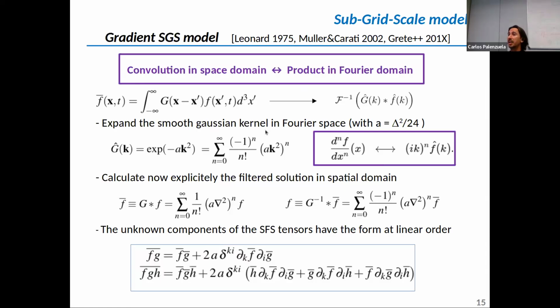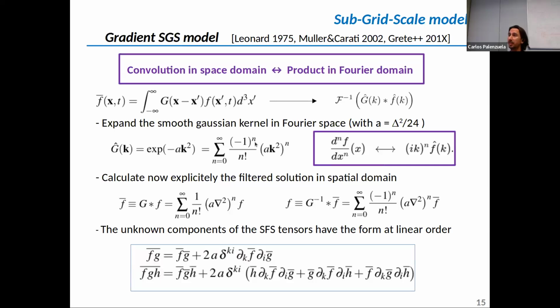We can also use that the smooth Gaussian kernel in Fourier space has the same form, and that we can also expand it in Taylor series. And in this Taylor series, in Fourier space, a power of k is just a derivative of order n in the standard space.